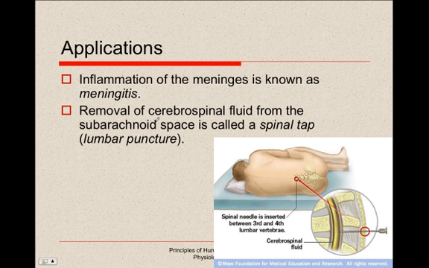And obviously that's a much more serious condition because now you have bacteria that have breached the blood-brain barrier and are more likely to cross into the brain. So that's a much more serious scenario in terms of infection.